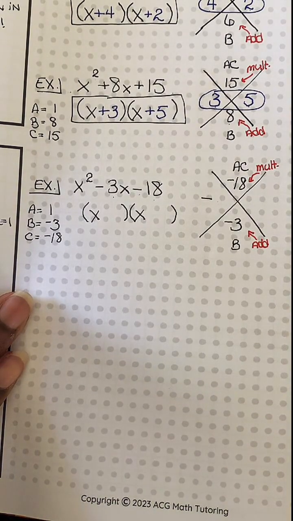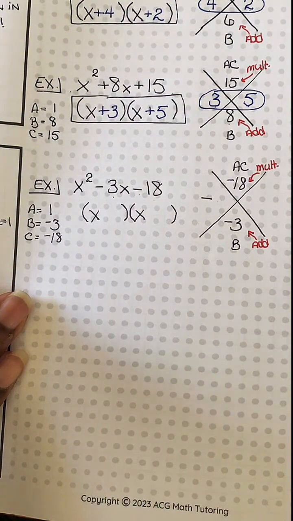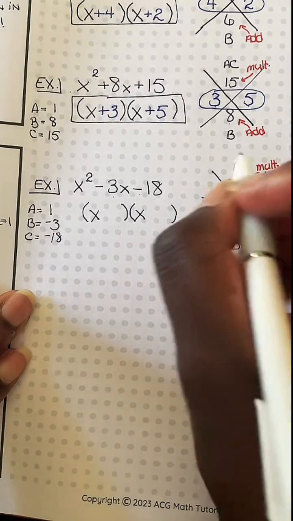Negative 6 and positive 3. Okay, no problem. There you go, negative 6 and 3.